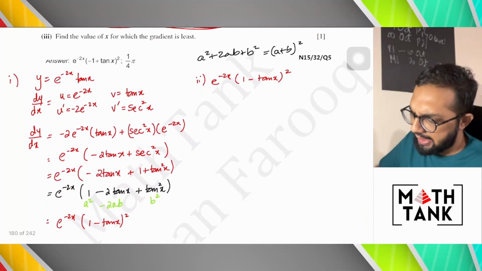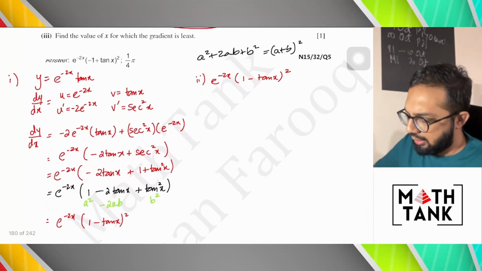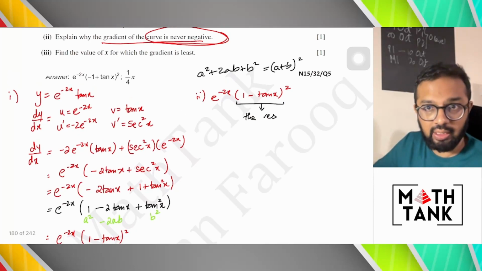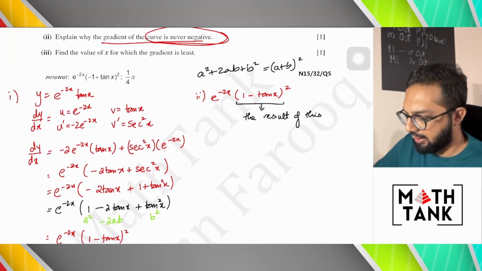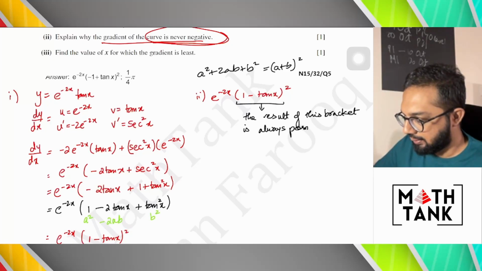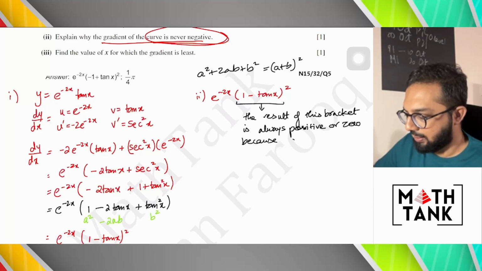Okay, let's look at that. So the result of this bracket, now it says explain, so I never need to write an explanation. So I'm writing that explanation. The result of this bracket is always positive or 0 because of a square outside.